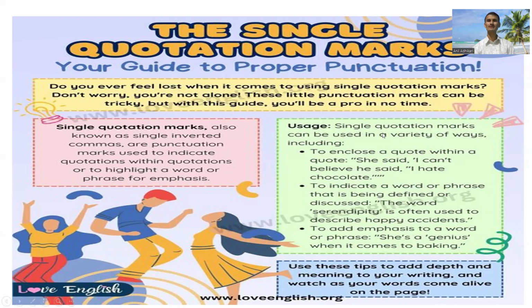Now, single inverted comma, or single quotation marks. How can we use them? A single quotation mark can be used in a variety of ways, including to enclose a quotation within a quote. She said, 'I can't believe it.' He said, 'I hate chocolate.' You can see so many examples here. Single quotation marks, also known as single inverted commas, are used to indicate a quotation within a quotation, especially to highlight a word or phrase, or for emphasis.